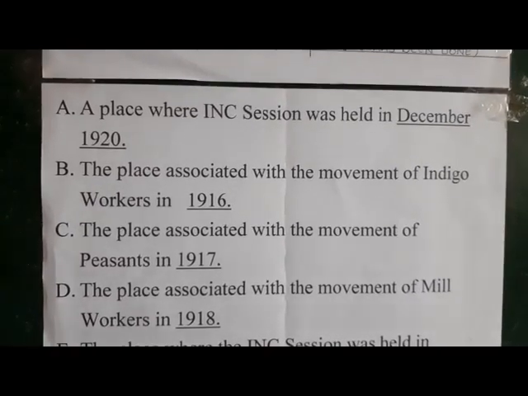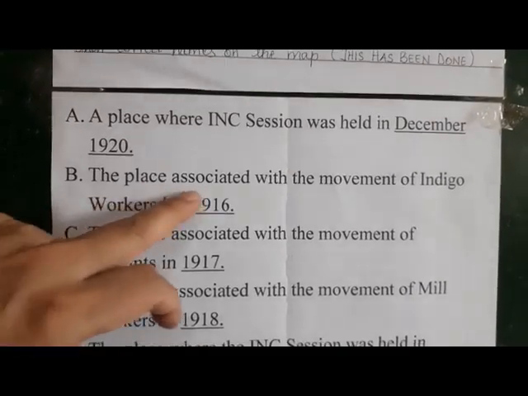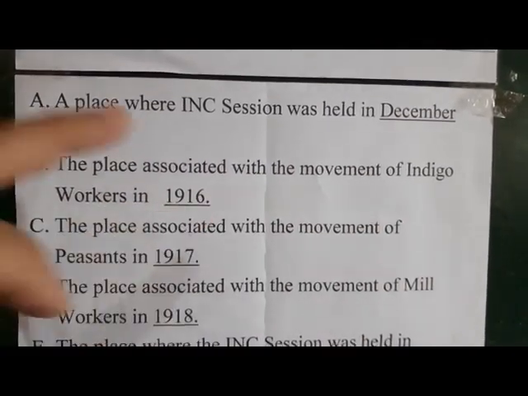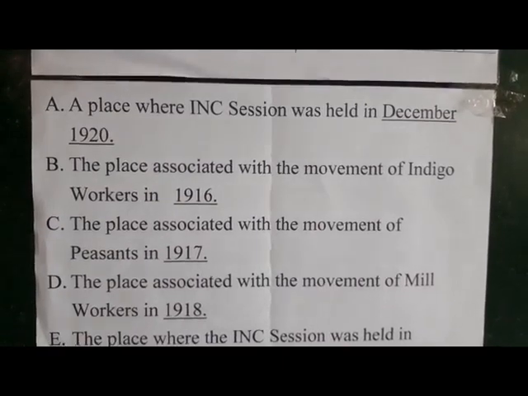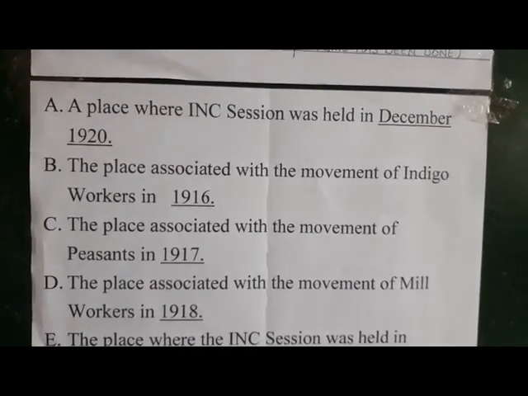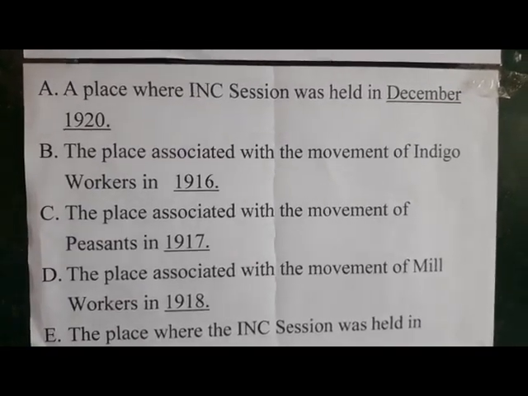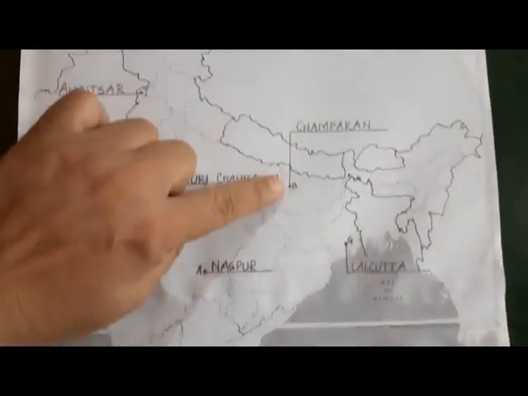Right? So B says, a place associated with the movement of indigo workers in 1916. So in 1916, where did Gandhiji go to help the peasants? He went to Champaran, Bihar.